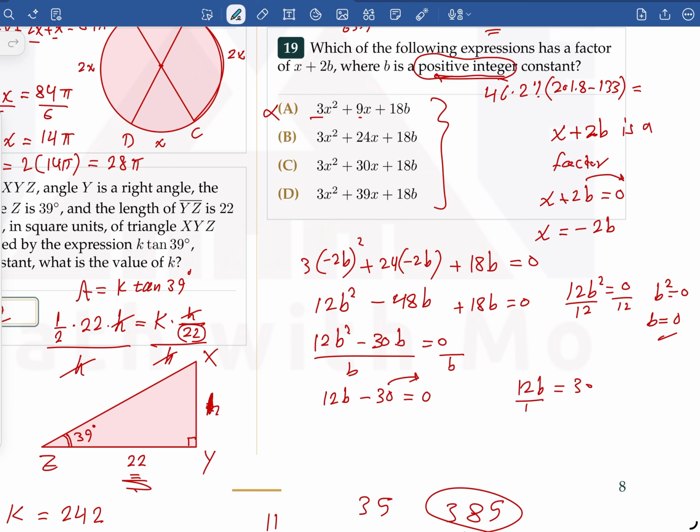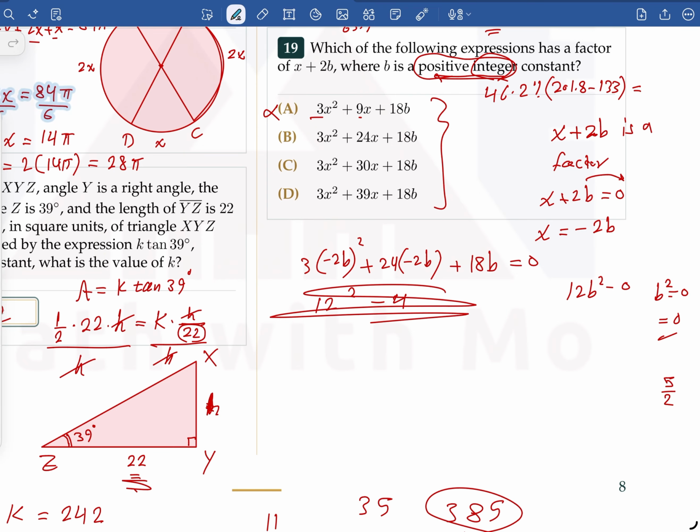If you want to get b, just divide by 12, and you get b as 30 over 12, divide up and down by 6, and you get 5 over 2, which is 2.5. It's not an integer. Integer means has no decimal numbers or fractions. And now we apply the third one. So B is incorrect.